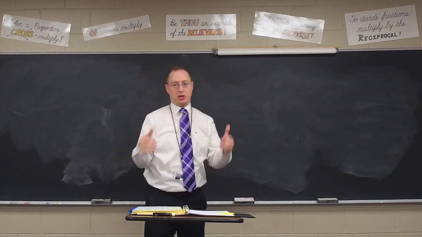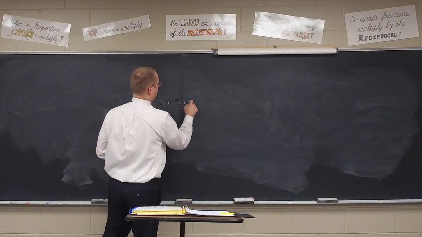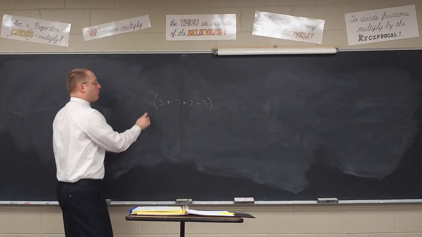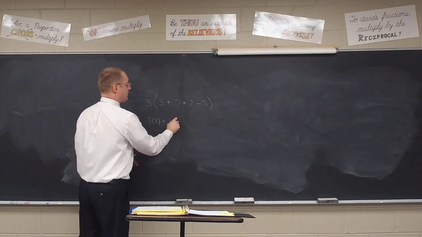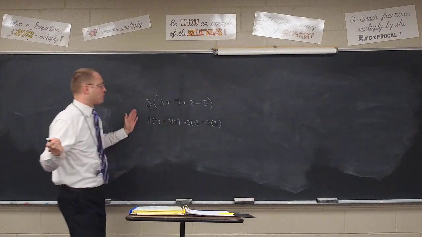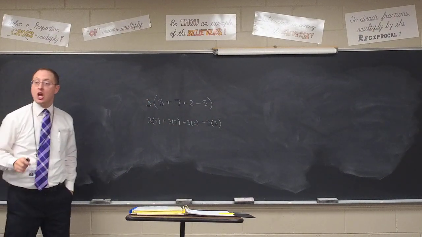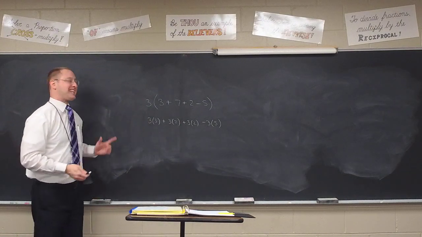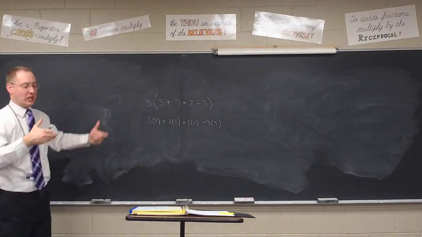If we had like a 3 plus 7 plus 2 minus 5, rather than figure out what all that is and then multiply by 3, we could multiply the 3 times each one individually. Which property was that? Bryson? The distributive property. Class, say that with me. Distributive property. It's kind of like as if we're distributing the 3 to everybody in the group, to everybody in the class, so to speak.